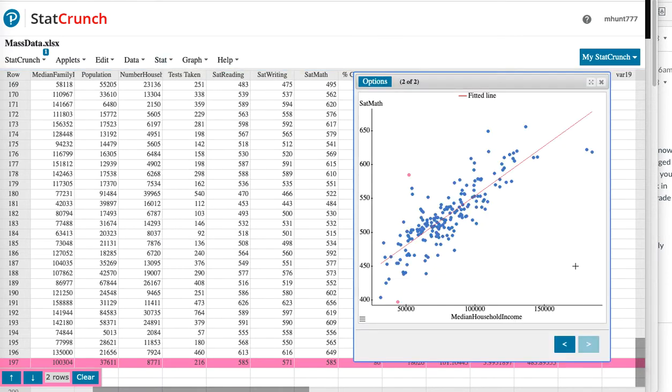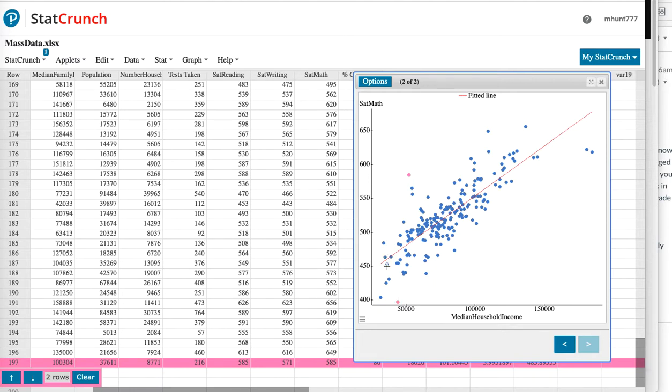Can you see those points? This right here is the one identified as the most positive studentized residual, and this one is the most negative. Can you see how this one is furthest from the fitted line in a negative kind of way?